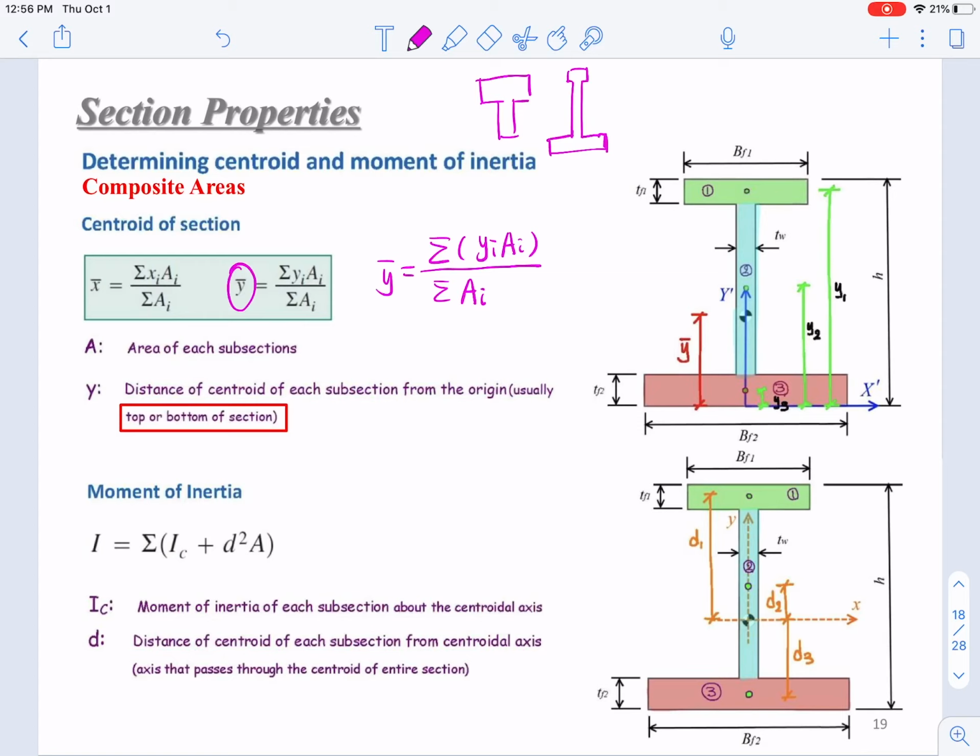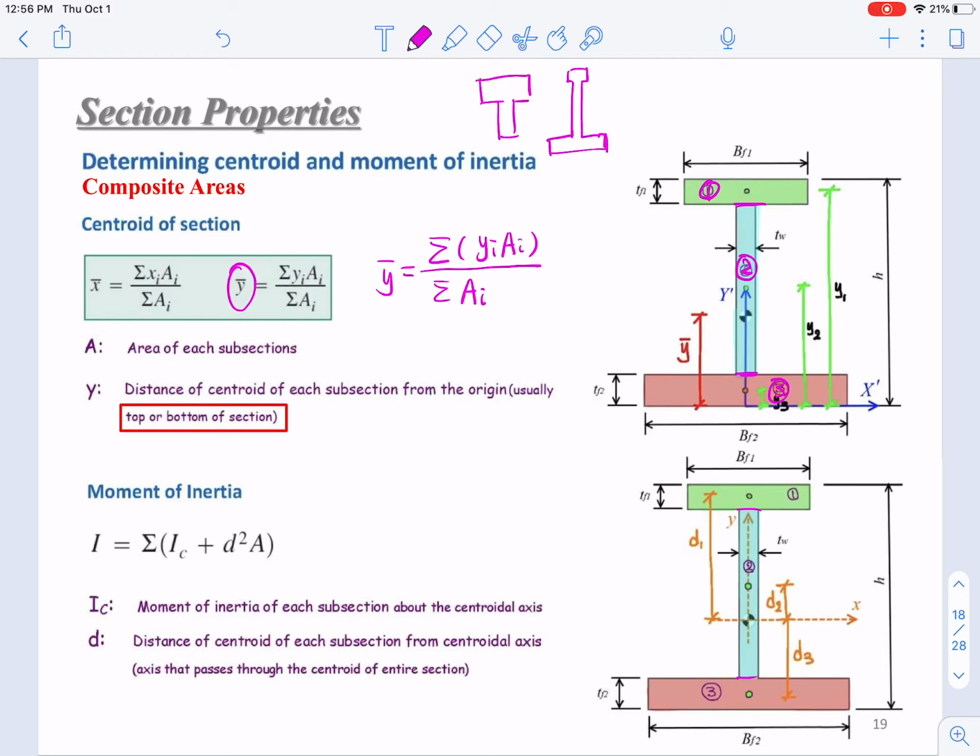And for moment of inertia, we just need to cut it into sub-areas, subsections. For example, in this I-shaped beam, like here you can just cut it here, so you get area 1, area 2, and area 3. You need to cut these subsections, so when you're finding the centroid of the section, you also do the same cut when you calculate the moment of inertia.